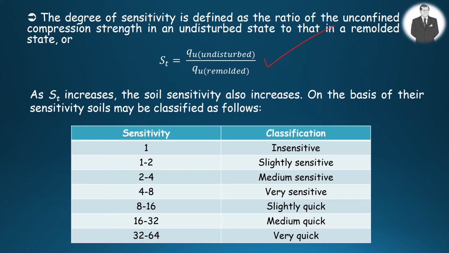As S_T increases, the soil sensitivity also increases. On the basis of their sensitivity, soils may be classified as given in the table. It ranges from insensitive to very quick.